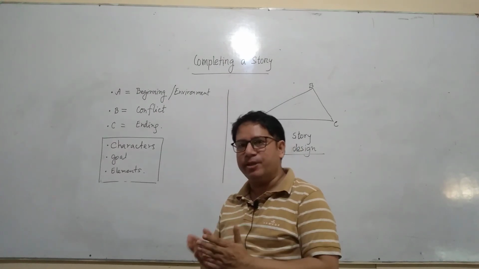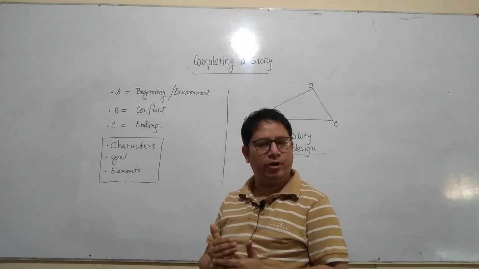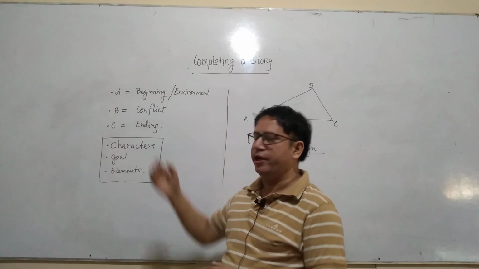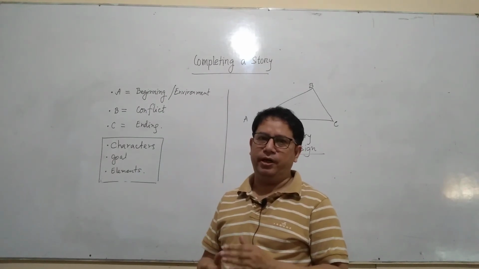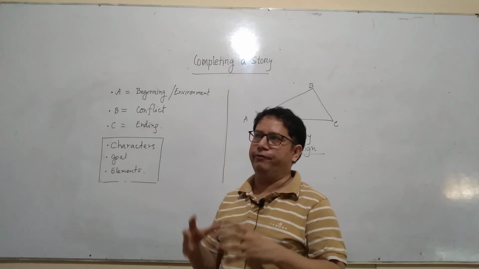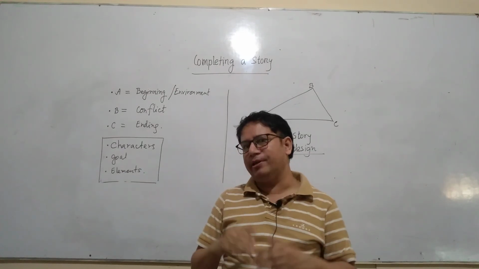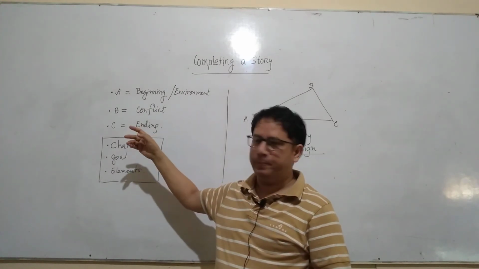It may be visible or invisible. It may be created by himself or herself, or by somebody else. Even the conflict may be from an external power, or sometimes from the environment. And definitely everything has an ending, so the story has an ending also.